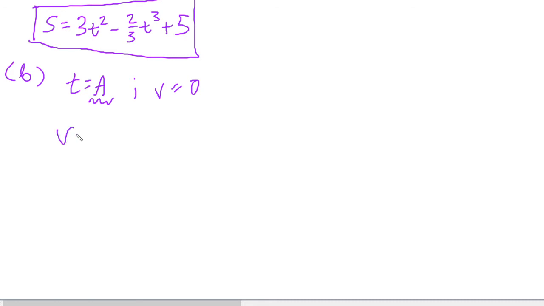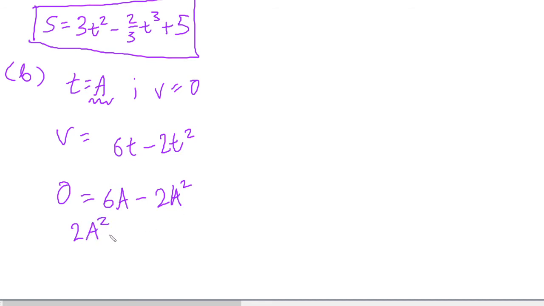So since V is equal to 6t minus 2t squared, as V is 0 and t is a, are the pair of conditions we look for, 0 is equal to 6a minus 2a squared, or moving this to one side, 2a squared minus 6a is equal to 0.